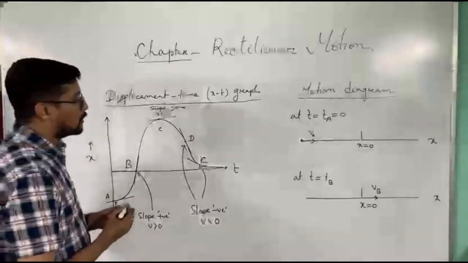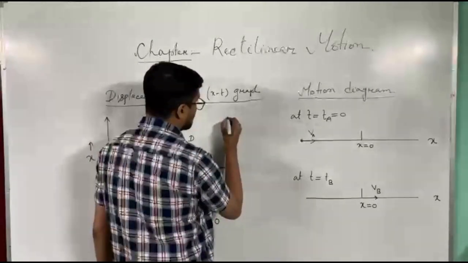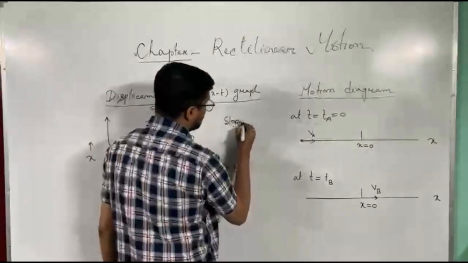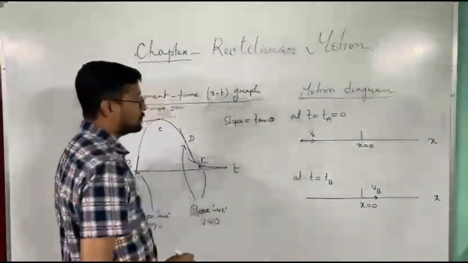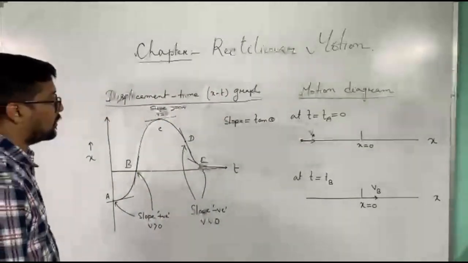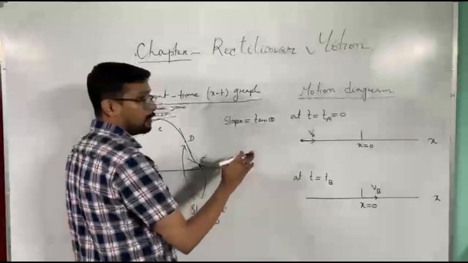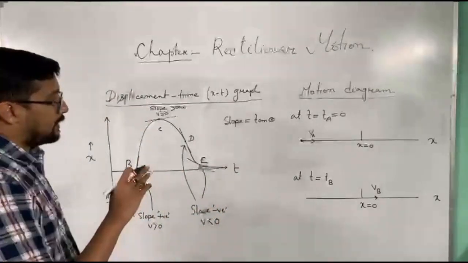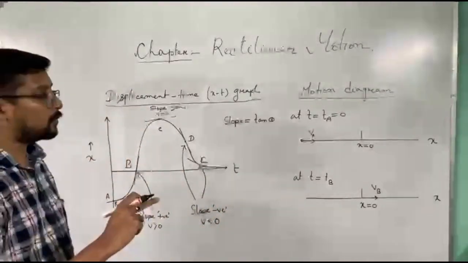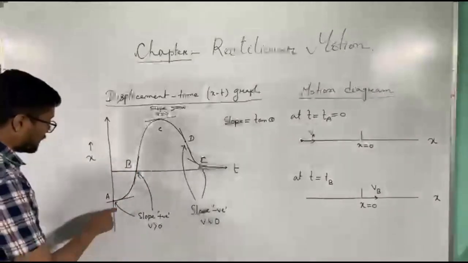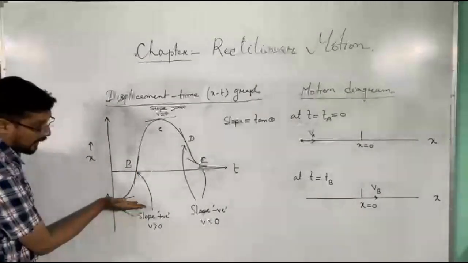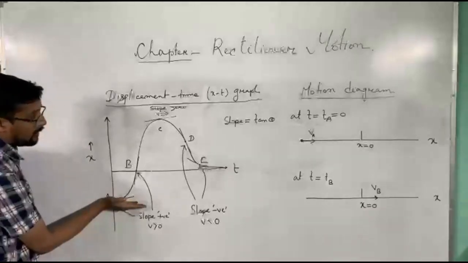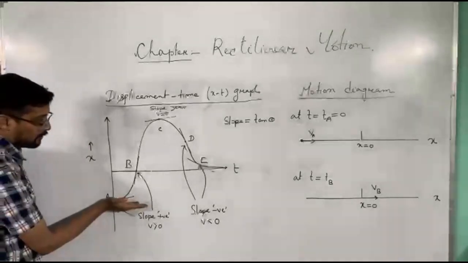Now we know slope is nothing but tan of theta, and the tan theta value increases from 0 to 90 degrees. Now in this case, since theta is less than 90 degrees, it will give me a positive tan theta value.